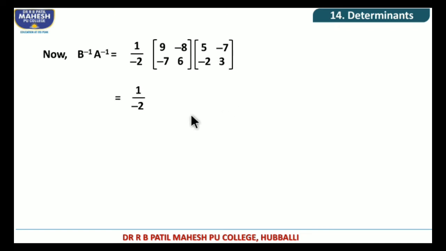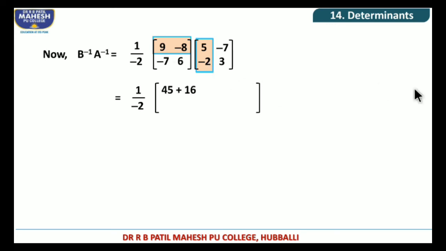Now we have 1 by minus 2 here. Now we have to find the product of these two matrices. We multiply the first row and first column: 9 into 5 is 45, plus minus 8 into minus 2 is plus 16. Therefore, 45 plus 16.